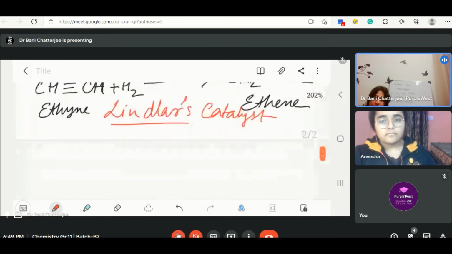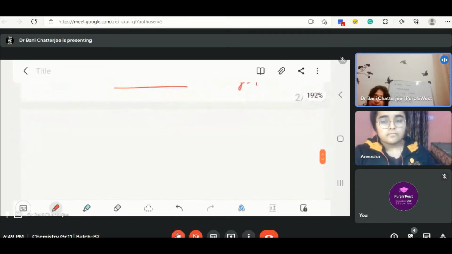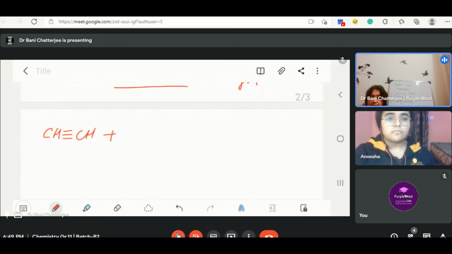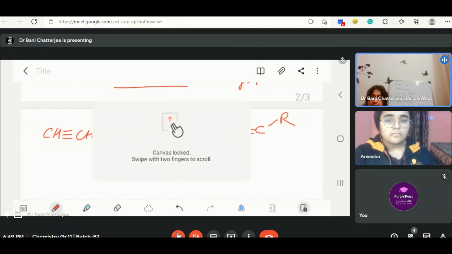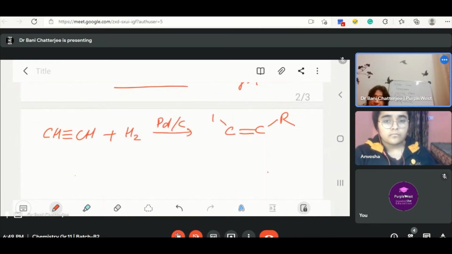Now just see very carefully. When you add palladized charcoal, say you have CH triple bond CH, and we are adding H2 with Pd and C. Then it is experimentally observed that we always get the cis alkene.